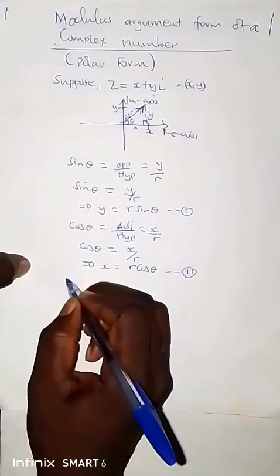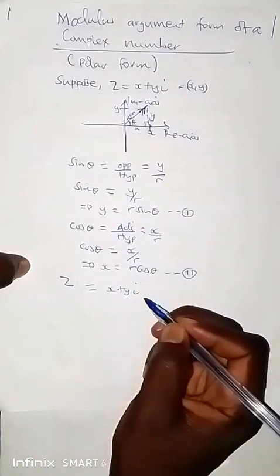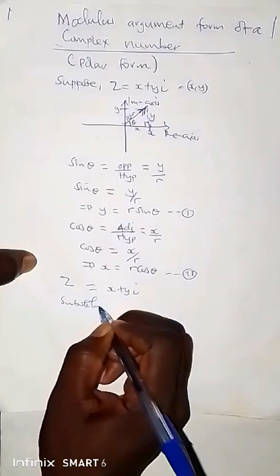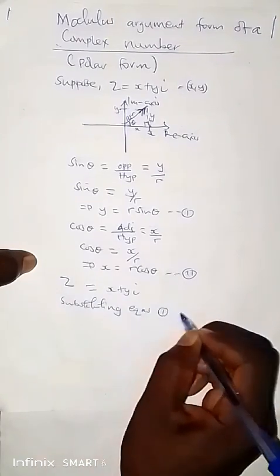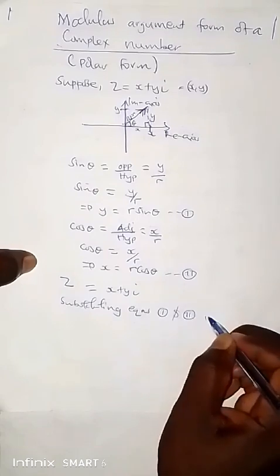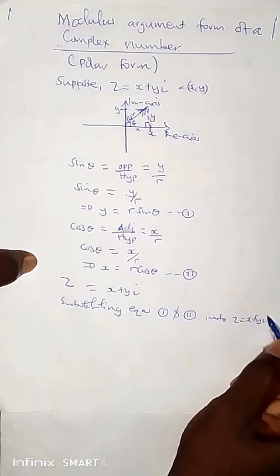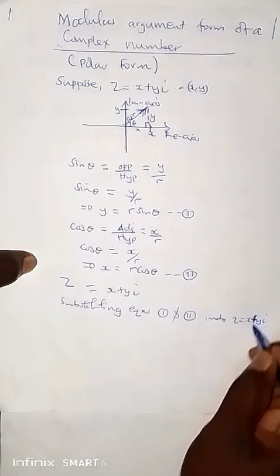We know that our complex number z equals x plus yi. So what we shall do is substitute equations 1 and 2 into z equals x plus yi.